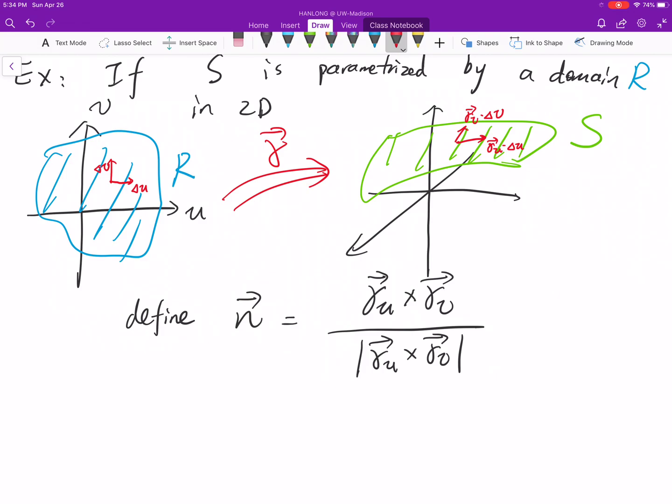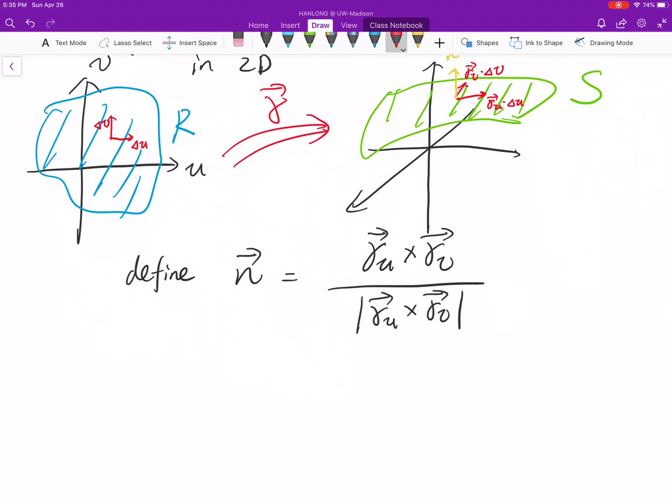And then you choose the normal direction, just obeying the right-hand rule. You just choose it to be this one. Okay, since u and v are defined for each point in S, this normal direction can be chosen just by this formula.